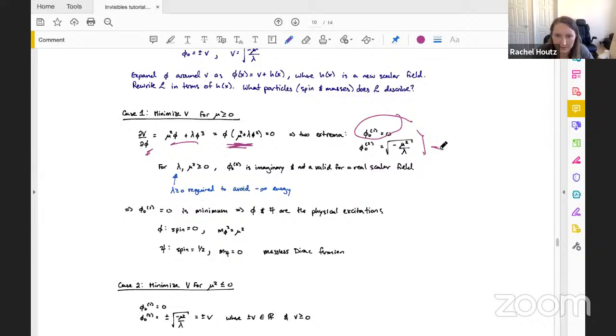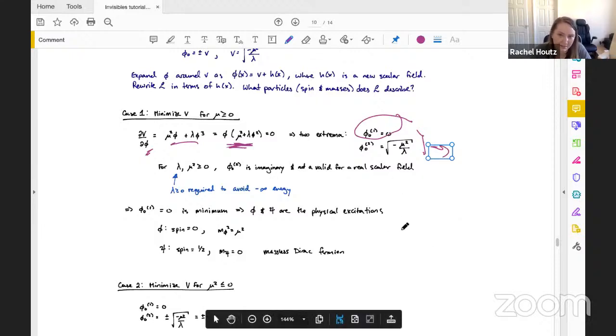And so this one looks pretty bad for the case that mu squared is greater than 0, because this is the square root of a negative number. So we know phi is a real scalar field, so this isn't really a valid solution. And so the minimum really exists at phi naught equals 0.